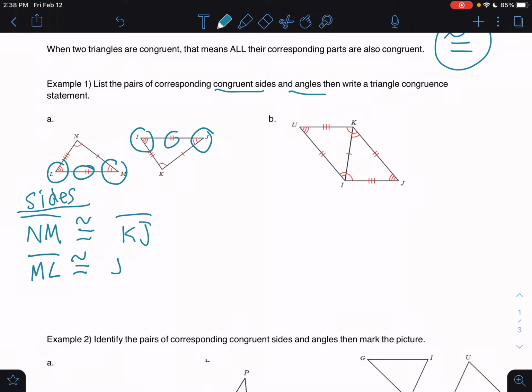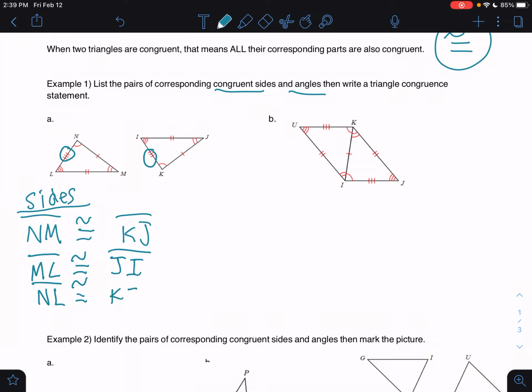So it's going to be JI. And then we have our last one, which is with 3. I'm going to say side NL is congruent to KI because we went from 1 to 3.